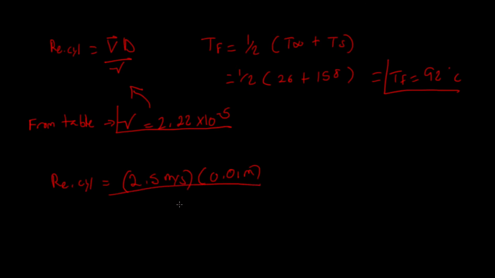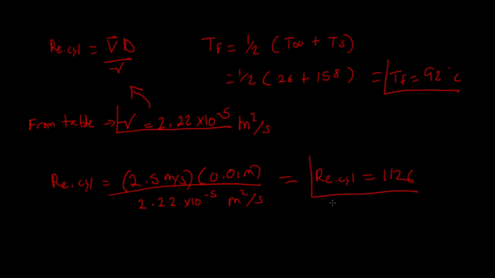All this is divided by our kinematic viscosity, 2.22 times 10 to the minus 5, and I forgot to put this is meters squared per second. Now on top we have meters squared per second, on the bottom we have meters squared per second, so this is going to be a unitless quantity, which it should be because it's Reynolds number. So I get a Reynolds number of 1126. That is our Reynolds number.